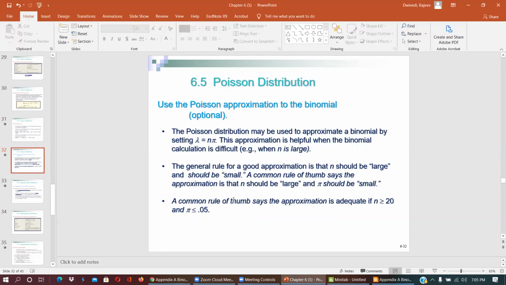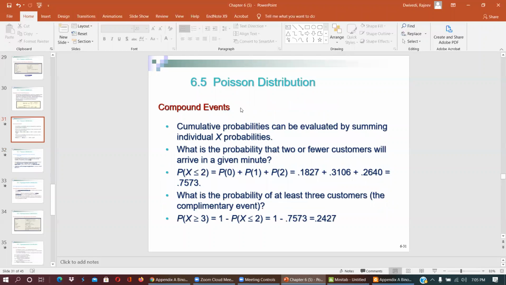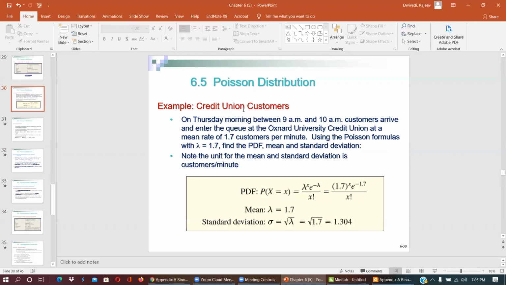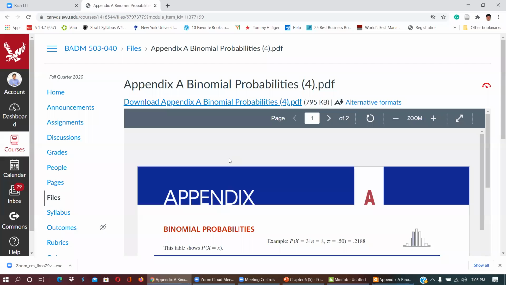You can also do this: when n is greater than 20 and pi is less than 5%, then you can replace binomial with Poisson approximation to binomial. So don't think about this, because it will make life more difficult.